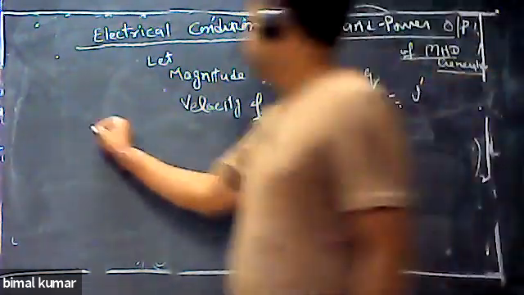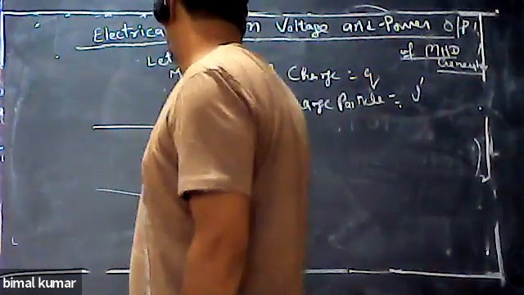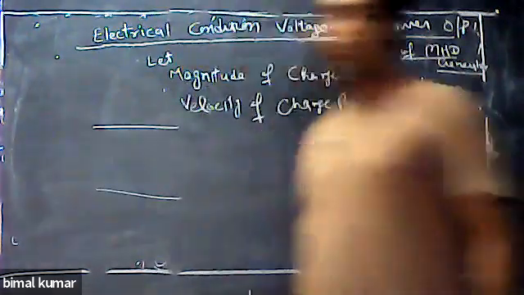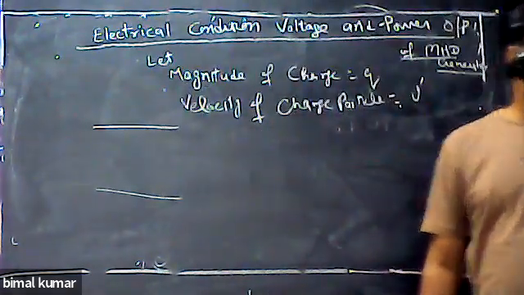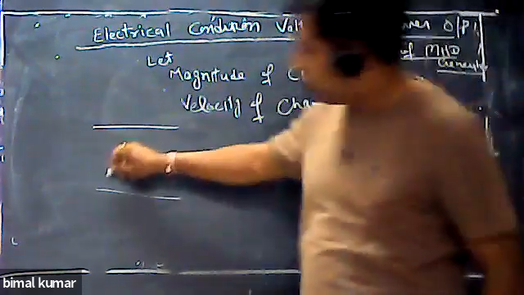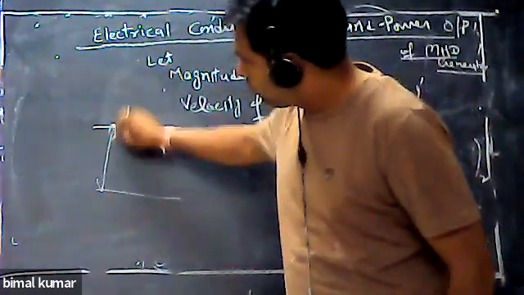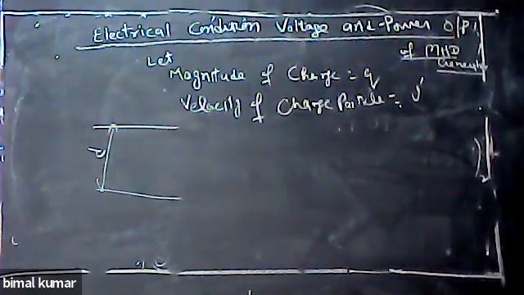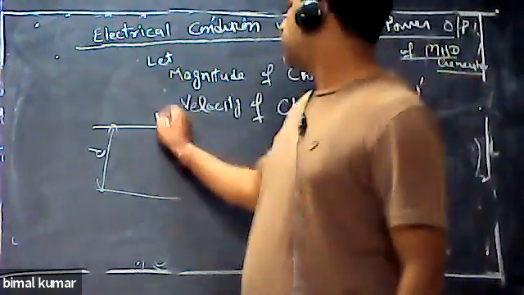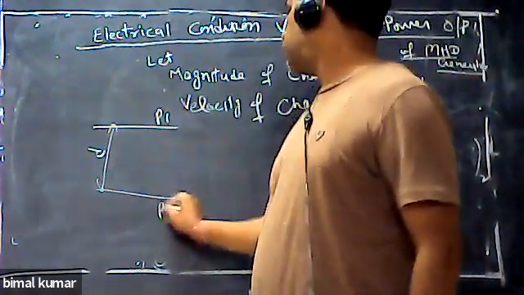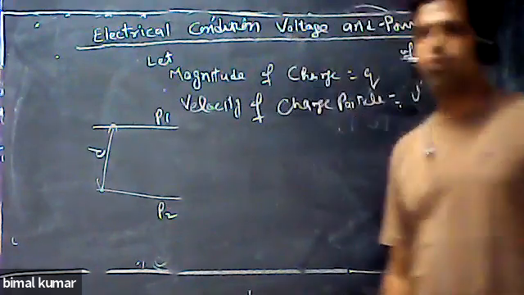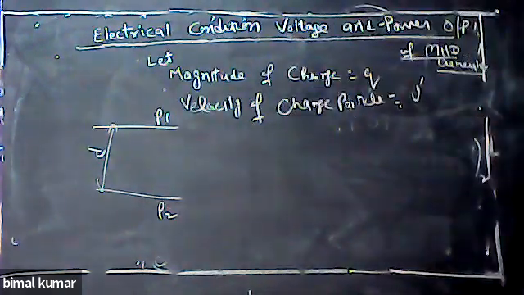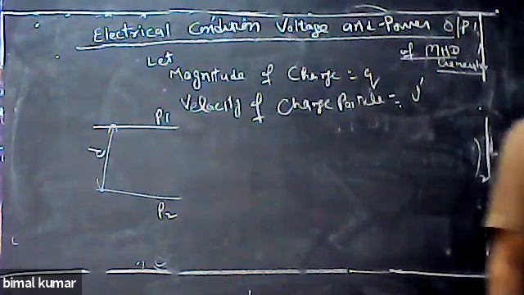So let us say this is your plate, and in between there is a distance D. D is the distance between the plates. Let us say the upper plate is known as P1, and the lower plate is known as P2, right?